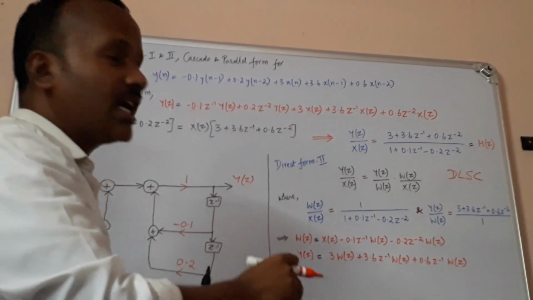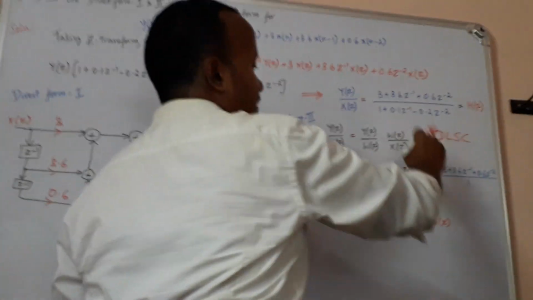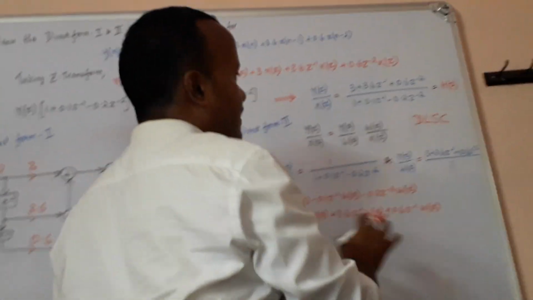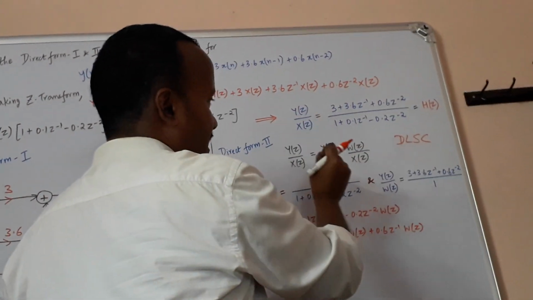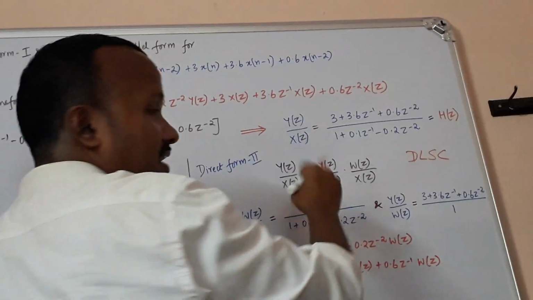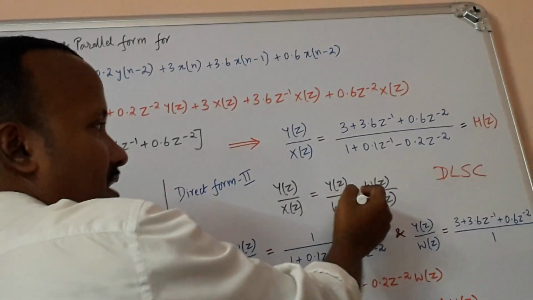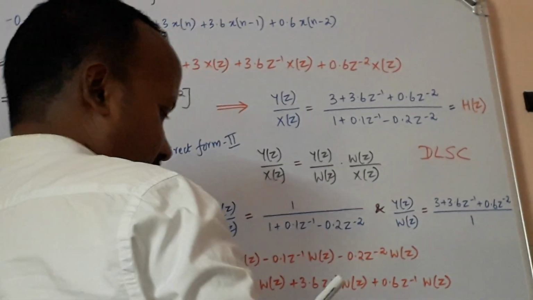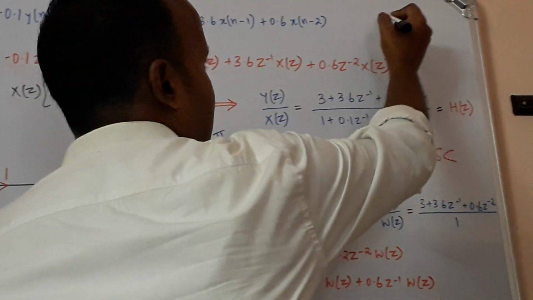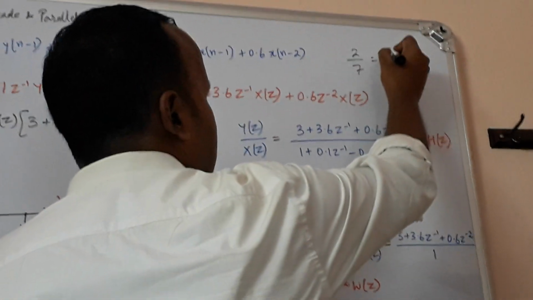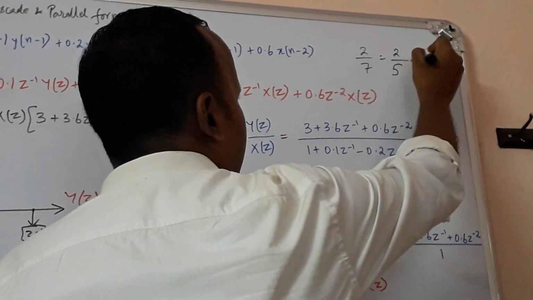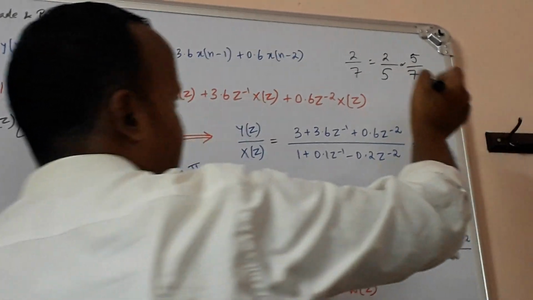Before that drawing, you have to do some little, what to say? We have to write this y of z and x of z in a different way. We have introduced a new function, w of z. Y of z by w of z into w of z by x of z. Something like 2 by 7, I can write it as 2 by 5 into 5 by 7.